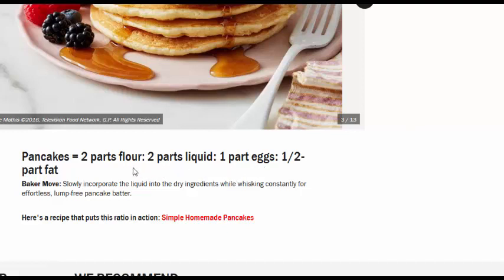So you put double the amount of flour as eggs, double the amount of liquid as eggs, and then half the amount of fat as eggs. So if you think of eggs as the one, then liquid is double, flour is double, and fat, like butter or oil or something like that, is half. So it's interesting.